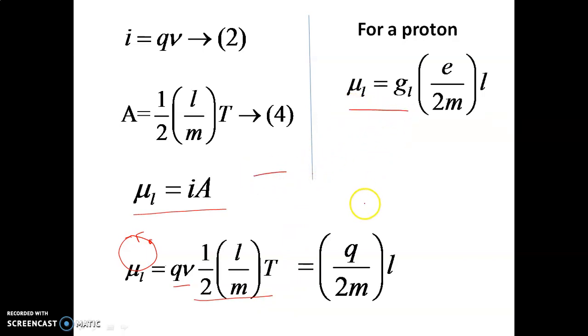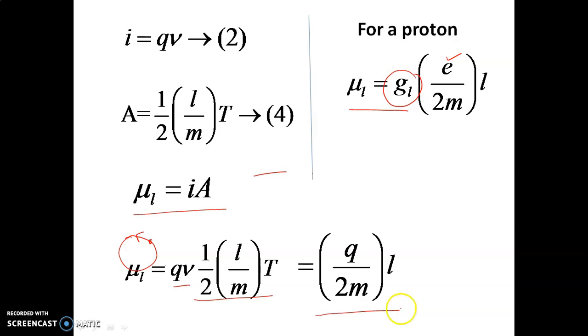Here you see we had this q by twice m, and we know that e is the charge on a proton, so this we have written as e, and here we have written this term gL because while deriving this one we have assumed just a charged particle. We have said nothing about what kind of charge and all these things.